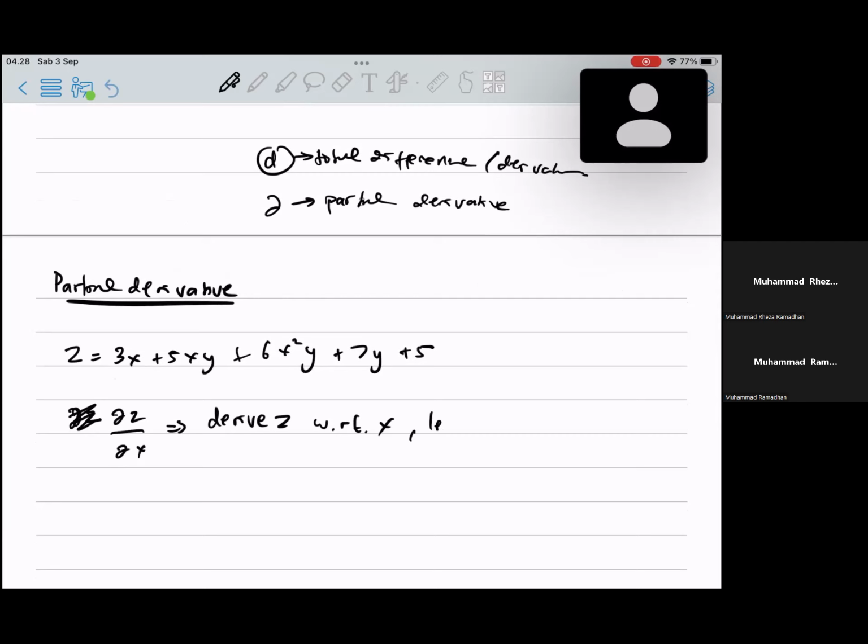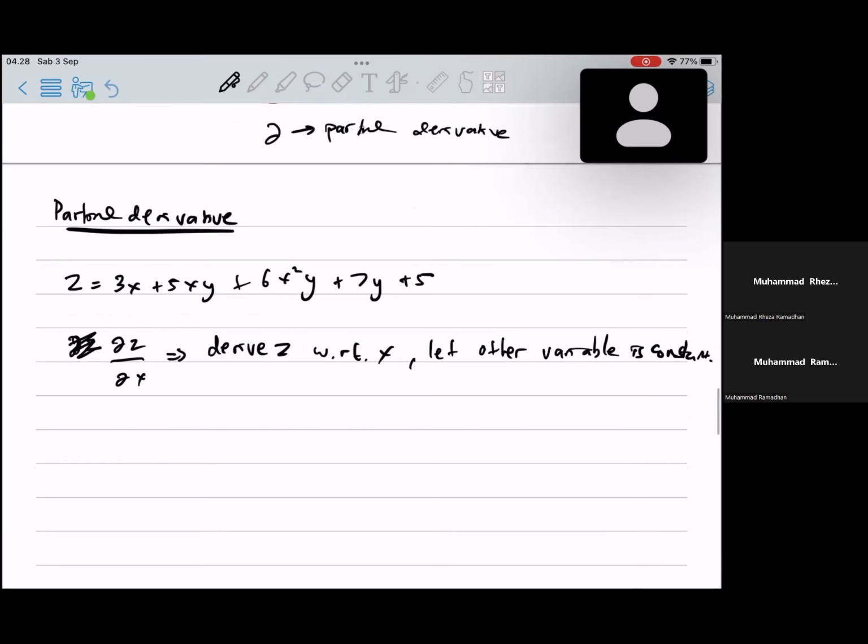and let the other variables be constant. We have to recall something from this. Suppose you have z equal to 6, so dz over dx is 0, of course, because 6 is constant.